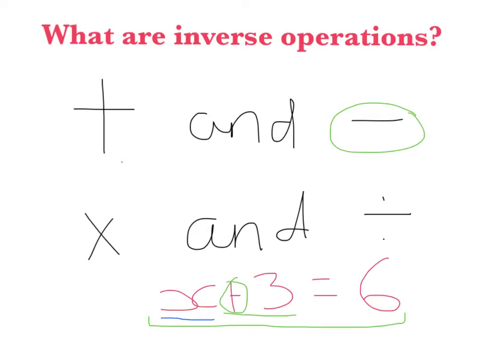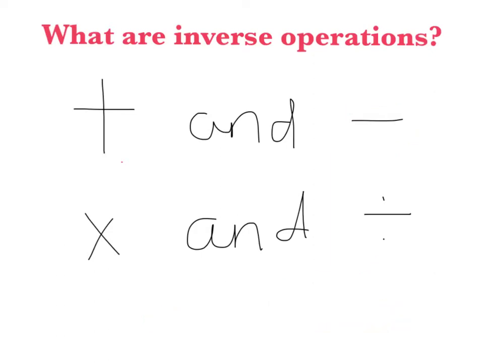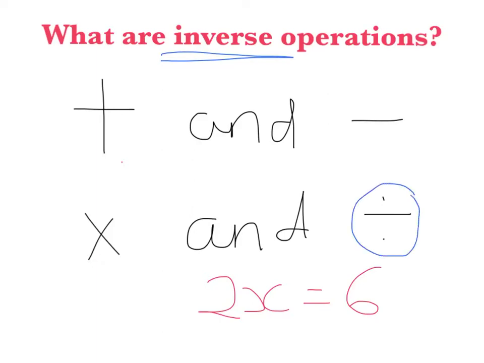If, on the other hand, it said 2x equals 6, the operation that's going on there is multiplication. In order to get that x by itself, I have to do the opposite of multiplication, or the inverse. The inverse of multiplication is division.